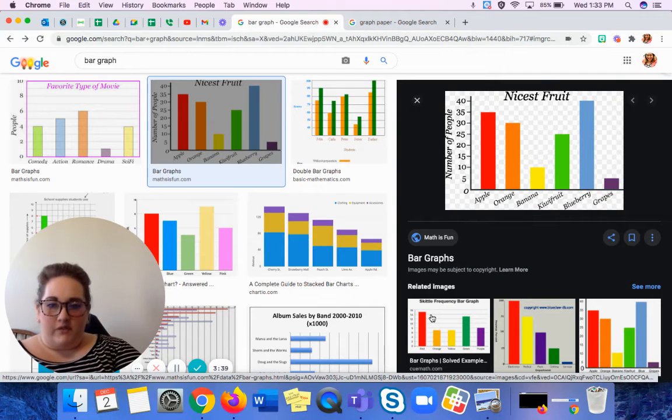Okay, when you have a physical representation like this, it's easier for you to sit and think about it and say, okay, now that I know I have this information, here it is in front of me, it's a little easier to make sense of. I can see these things in front of me, and now I can very clearly see that more people liked blueberries, even though it was a really close race and almost the same amount of people liked apples and oranges.